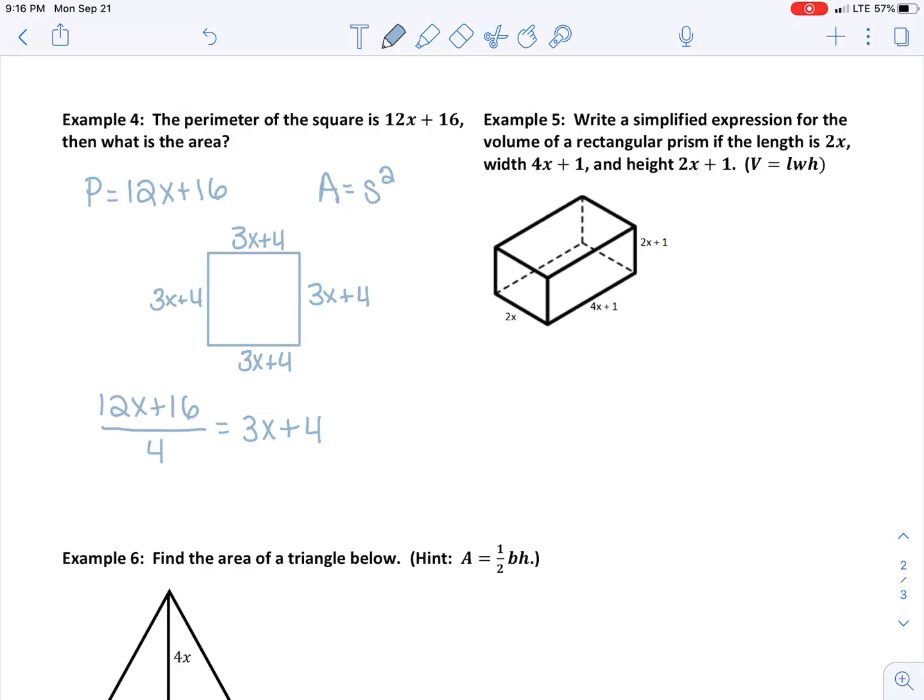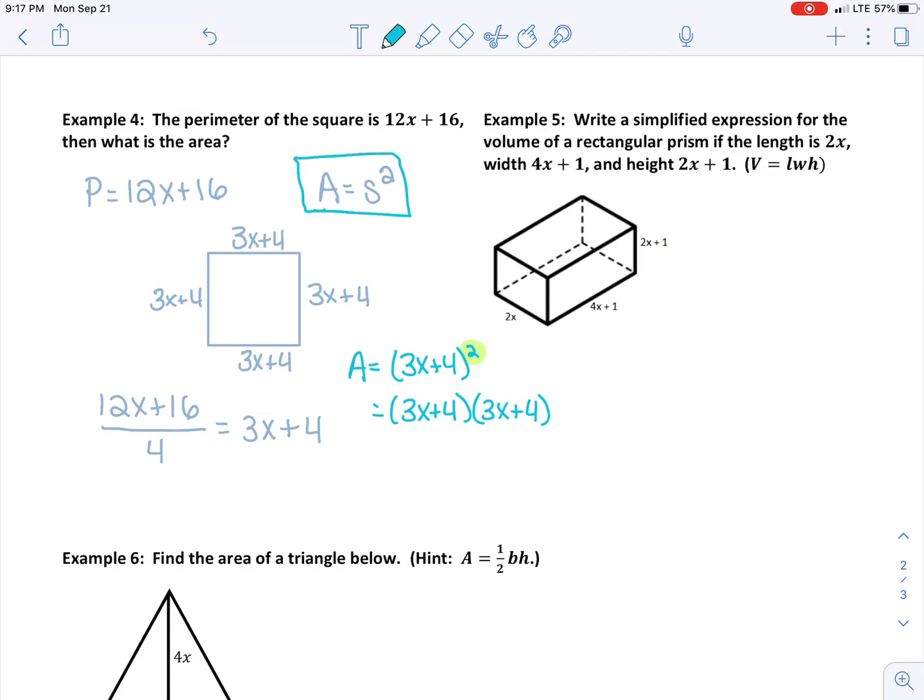So it asks for us to find the area of this square. So if I want to find the area, I'm going to use my area equals side squared. So that means area is going to be equal to one of my sides, which is 3x plus 4, squared. And we know from previous lessons that that squared up there means that I'm going to be taking 3x plus 4 and multiplying it by itself 2 times.